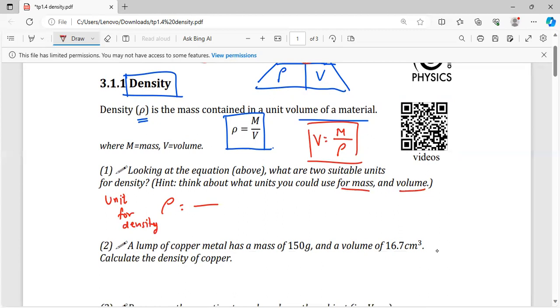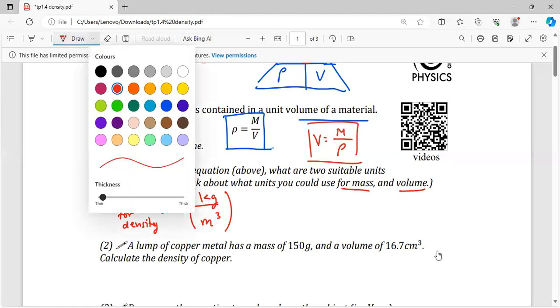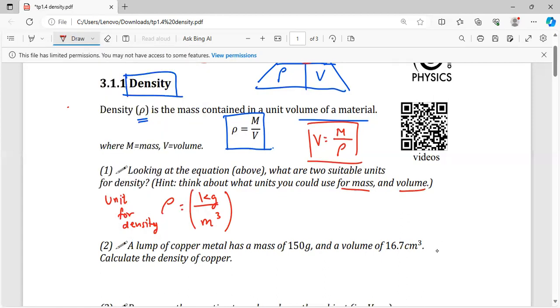I'm thinking of units I could use for mass, so maybe kilogram, and for the volume maybe like this. You can use this. And what others? Maybe liters or milliliters. That's for the volume.